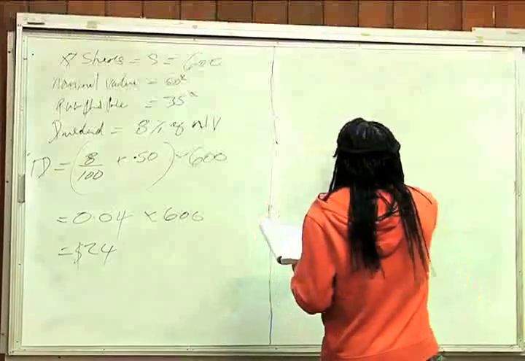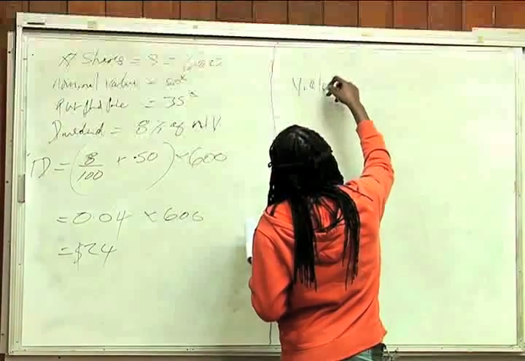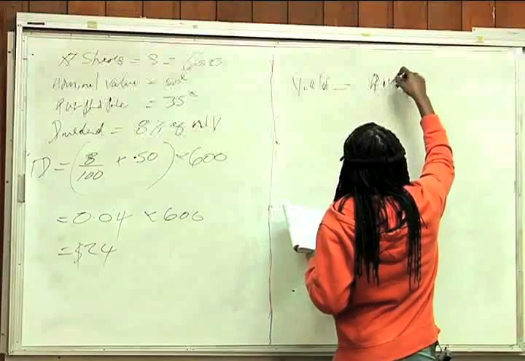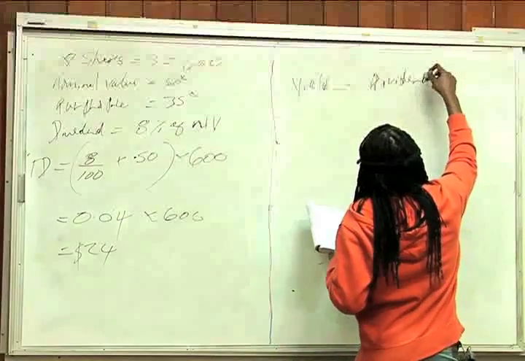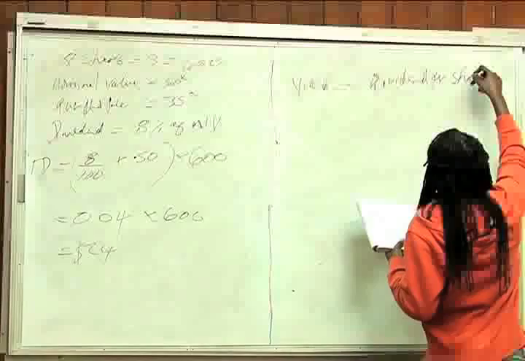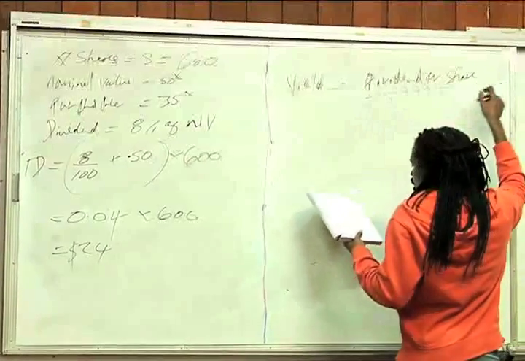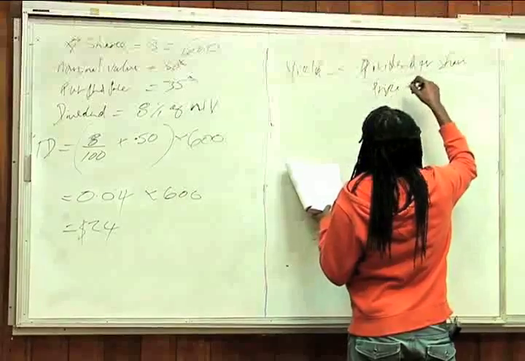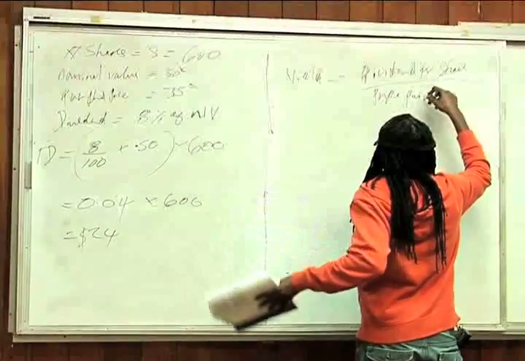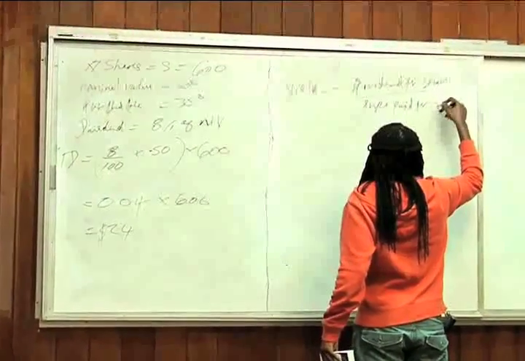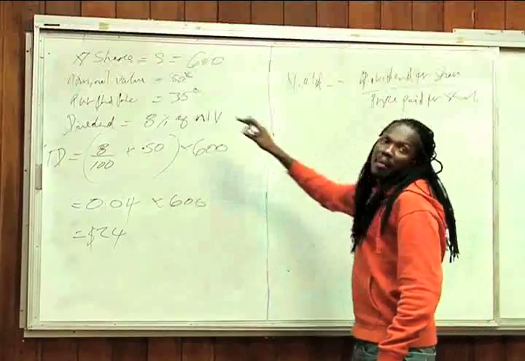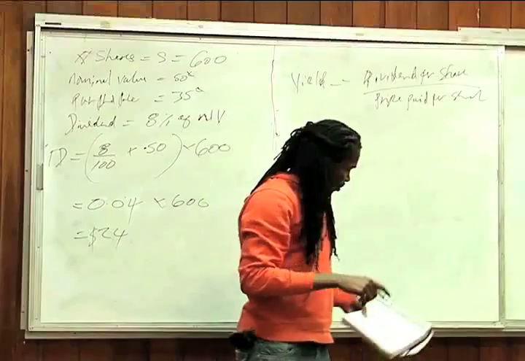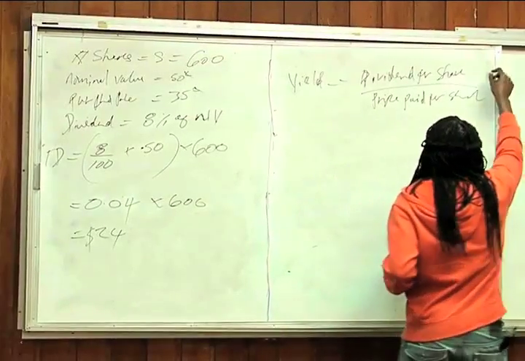The yield equals the dividend per share over the price paid per share, times 100. You multiply that by 100.